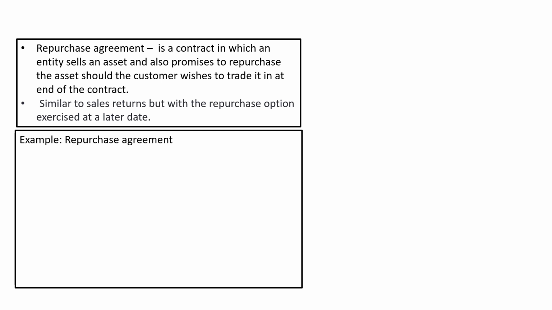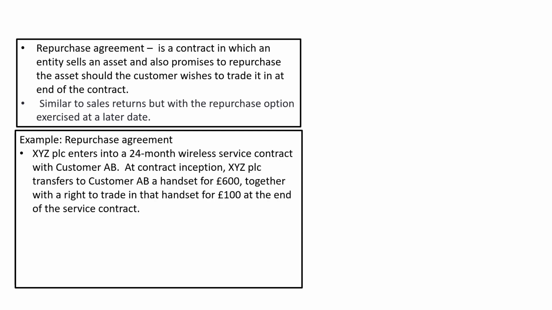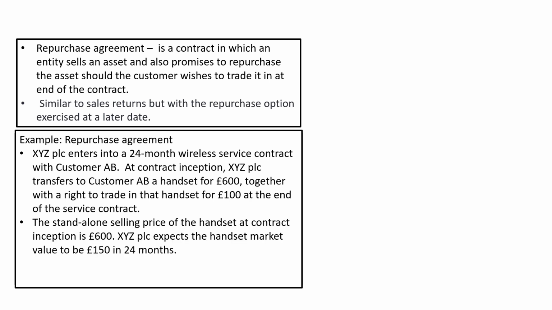So look at an example. XYZ PLC enters into a 24-month wireless service contract with customer AB. At contract inception, XYZ PLC transfers to customer AB a handset for £600, together with the right to trade it in for £100 at the end of the service contract.